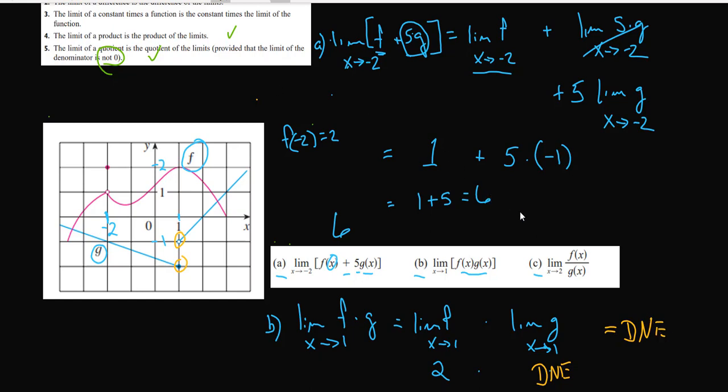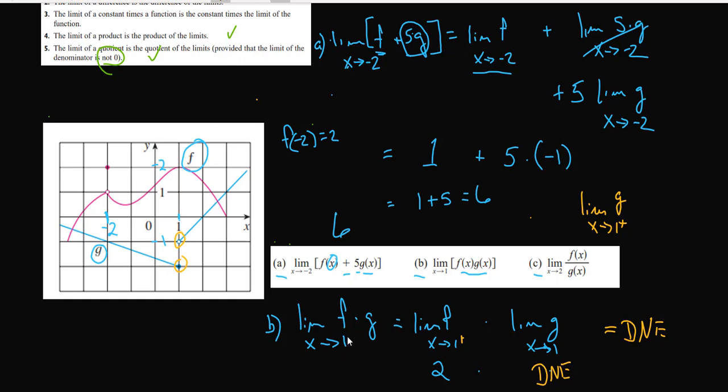Now, if you wanted to, you could treat this a little bit differently. You could say, well, we can't do this problem, but we can do the limit as x approaches 1 from the right of g, and then we can also do the limit as x approaches 1 from the left of g. So we could break this problem down into two parts.